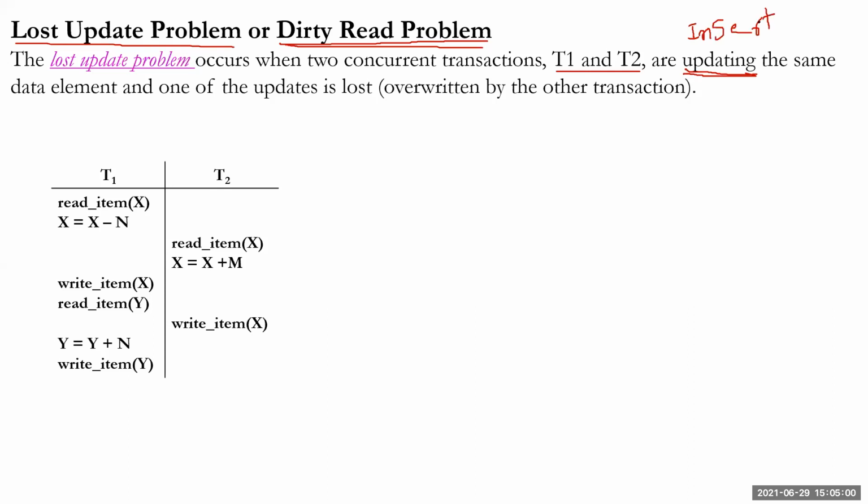The most common operation is updating. Try to understand this, it is very important: if the same data element is updated by both, the updations will be overwritten. Since it is overwritten, whichever update was done first will be lost.